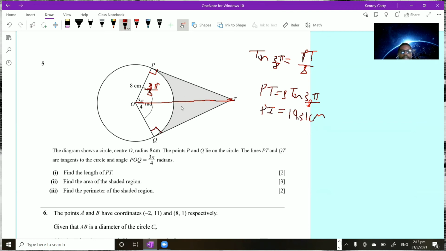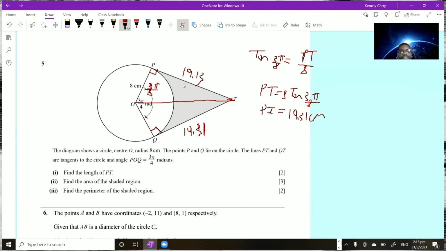All right, so here's the shaded region. Now, if I can find the area of these two triangles, all right, so note, let me put in, this is 19.31, which automatically makes this 19.31, since what we have here are congruent triangles. So if I can find the area of these two triangles, which would give me the area of this quadrilateral, and you realize that this quadrilateral is actually a kite, right here.